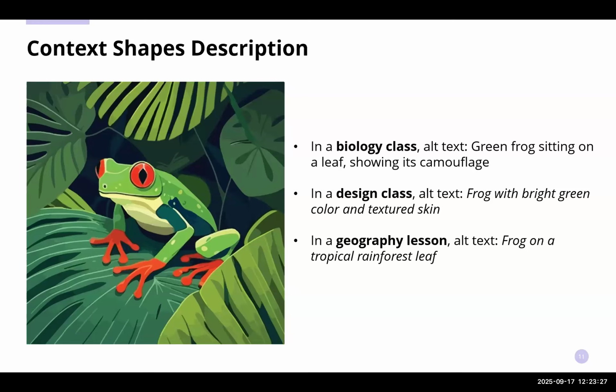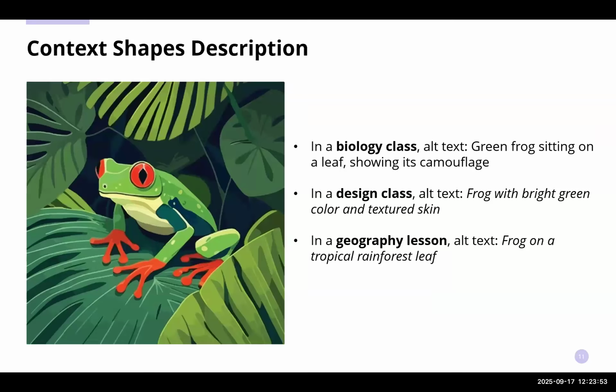For example, in a biology class, you might say green frog sitting on a leaf, showing its camouflage. Here, the focus is on adaptation and survival, so the description highlights that function. Whereas the same thing in a design class might be frog with bright green color and textured skin.